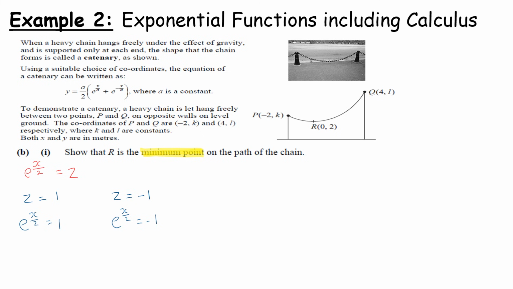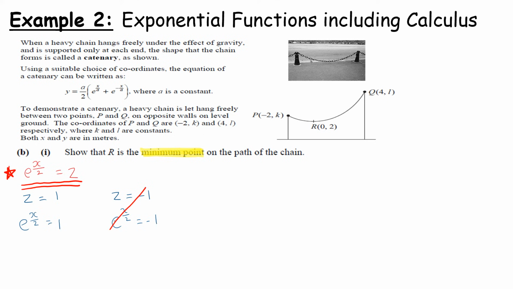Once I have my two answers for z, I'm going to go back to what we had. We let e to the power of x over 2 equal z. So now we know e to the power of x over 2 equals 1, or e to the power of x over 2 equals negative 1. This is not valid because e is a positive number, and this positive number to any power, we can never make negative. So that one is not valid.